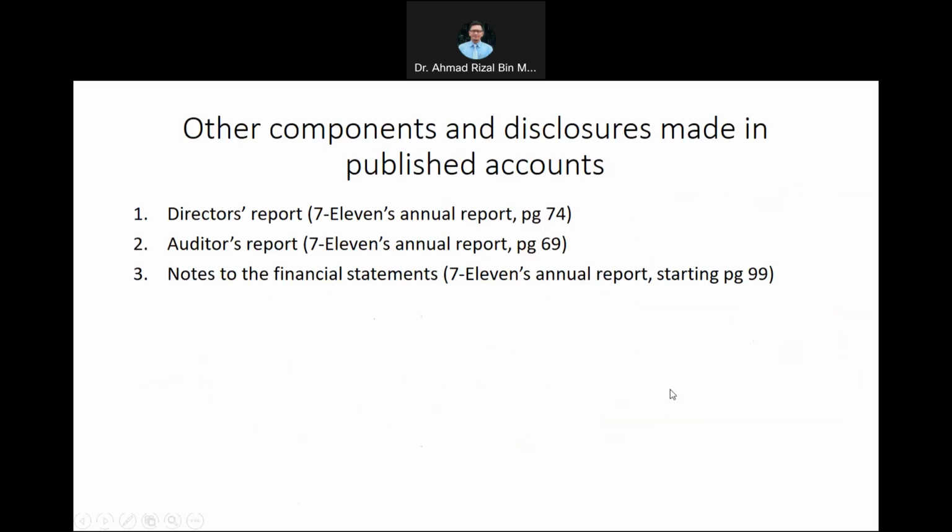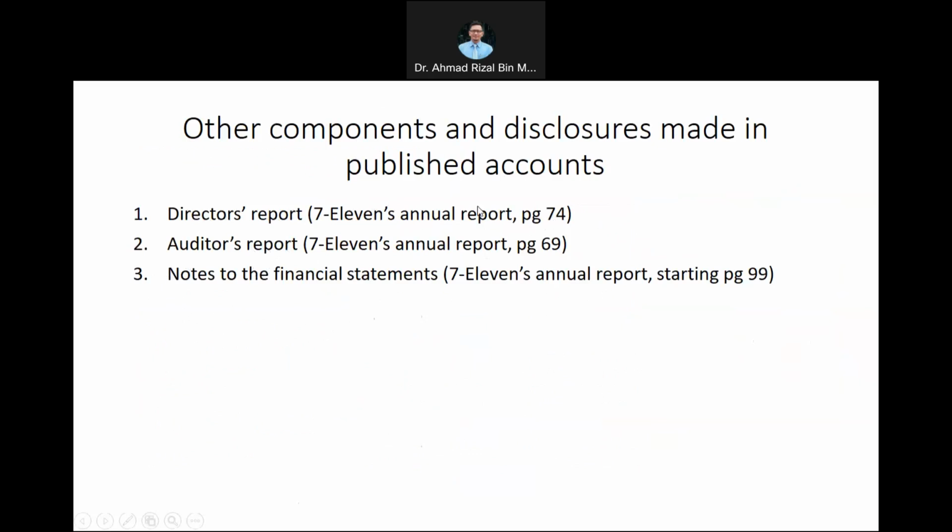Now, what about the other components, the other items in an annual report? As I've mentioned, before the financial statements are presented, we have the director's report as well as the auditor's report.